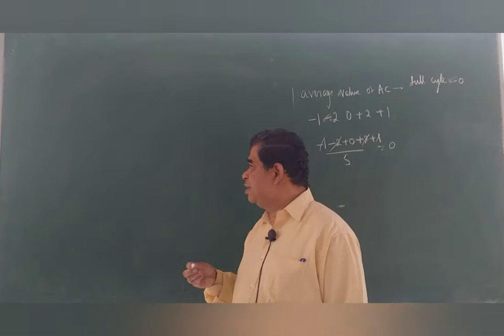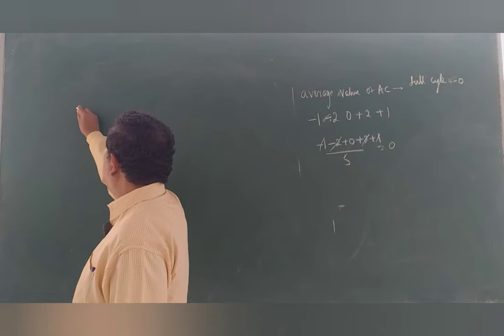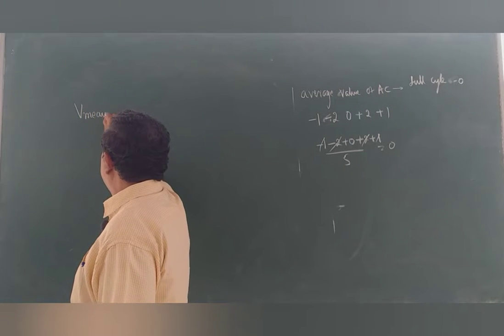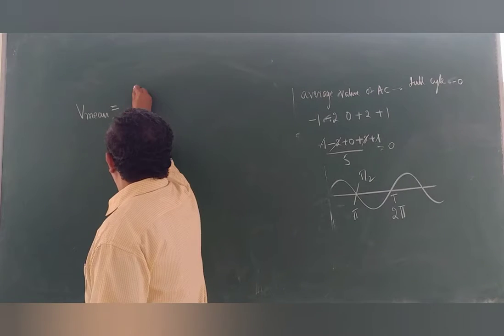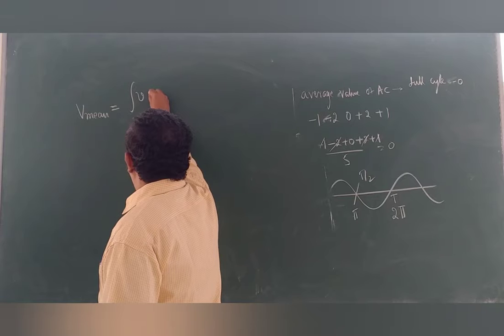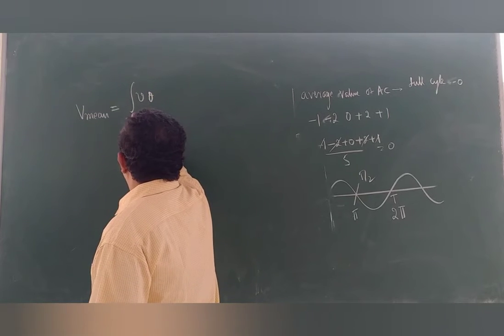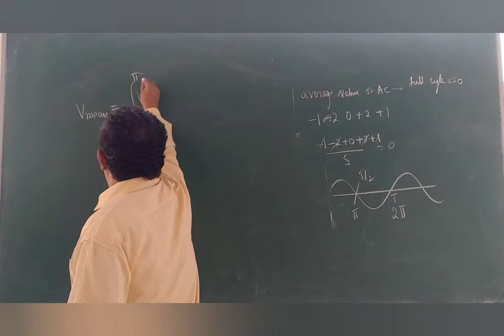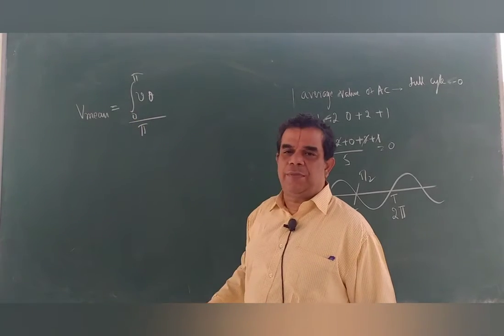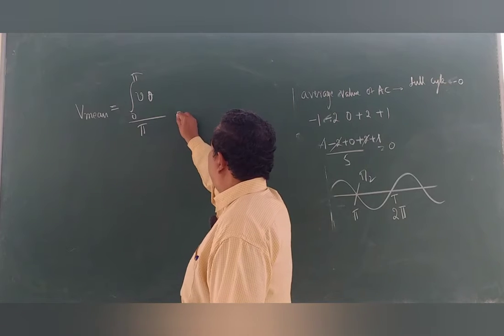So we learn that. Now we want to calculate the average value of AC, according to the definition, the integral of V from theta 0 to pi, whole divided by pi. But what is V?